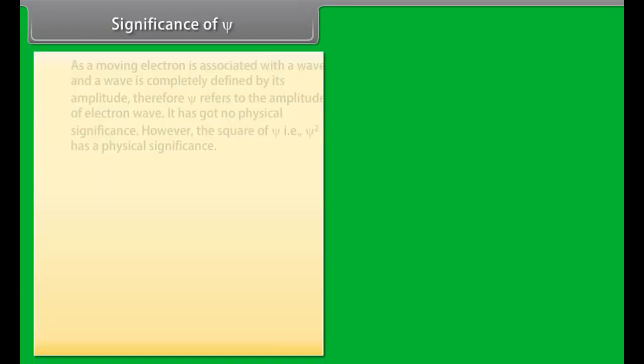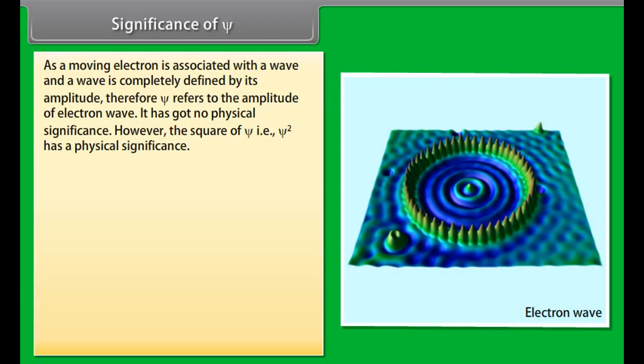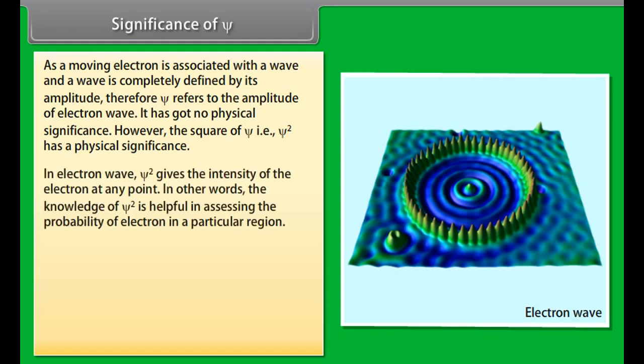Significance of ψ. As a moving electron is associated with a wave and a wave is completely defined by its amplitude, ψ refers to the amplitude of the electron wave. It has no physical significance. However, the square of ψ, that is ψ², has a physical significance. In the electron wave, ψ² gives the intensity of the electron at any point.